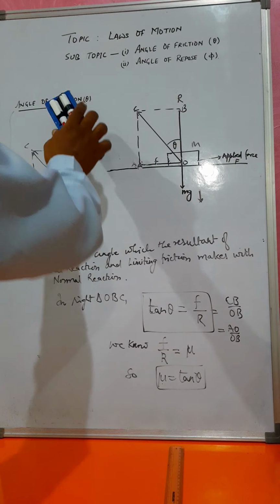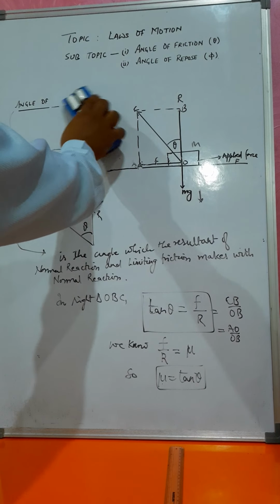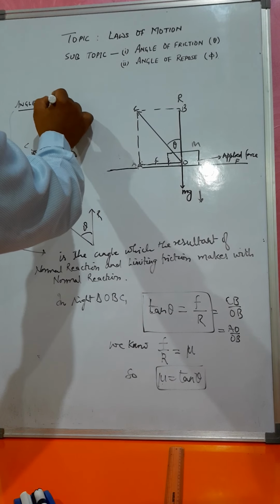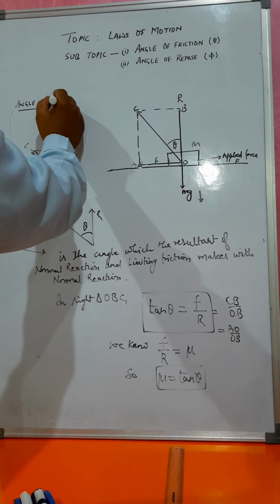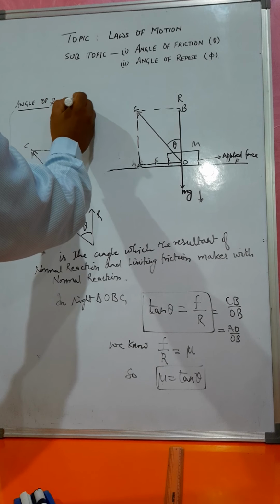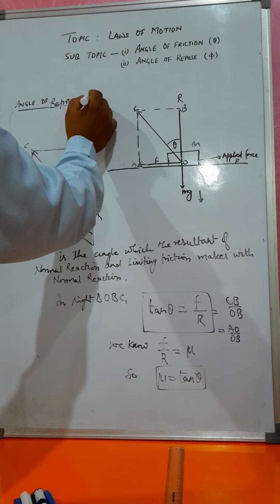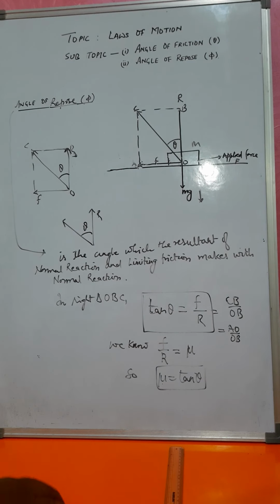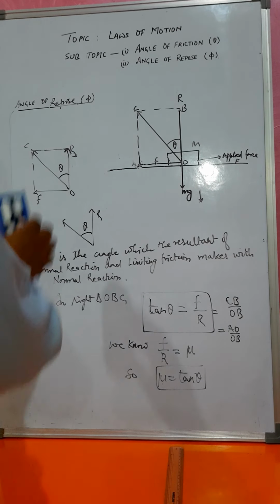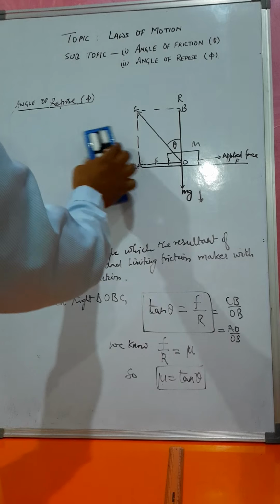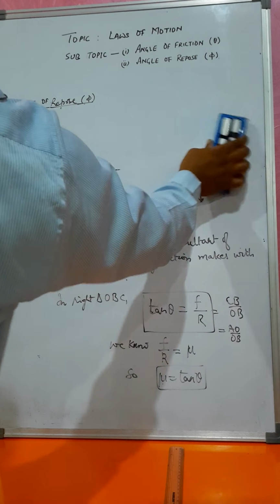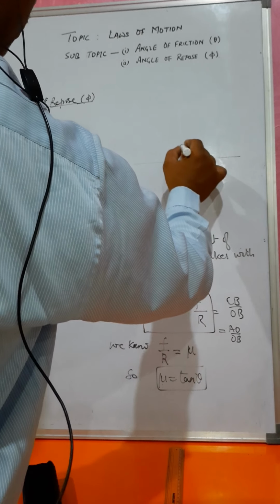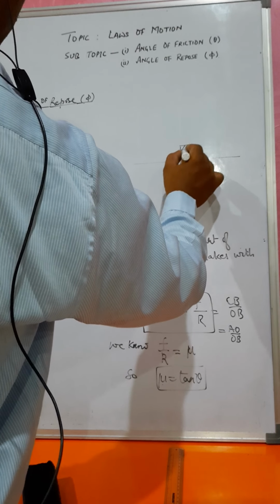Now another is angle of repose, denoted by phi. Now what is angle of repose? To understand this, first consider a body placed on a horizontal surface.